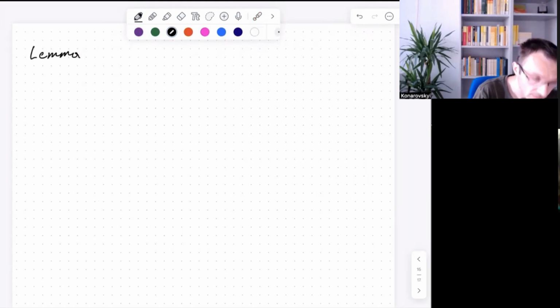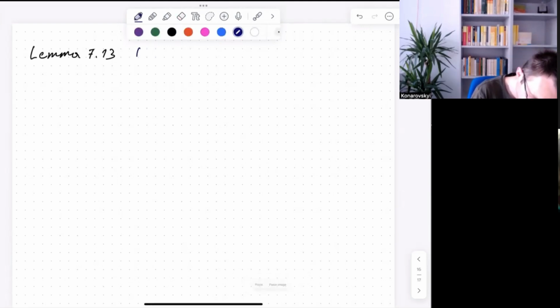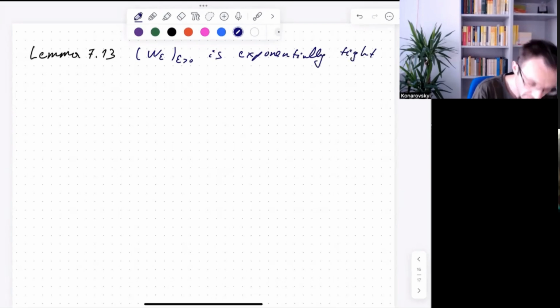Lemma 7.13: let W_t be a standard Brownian motion, and we know what W^epsilon is. Then W^epsilon is exponentially tight in C_0. Proof.